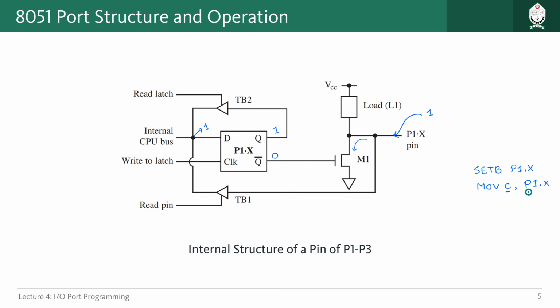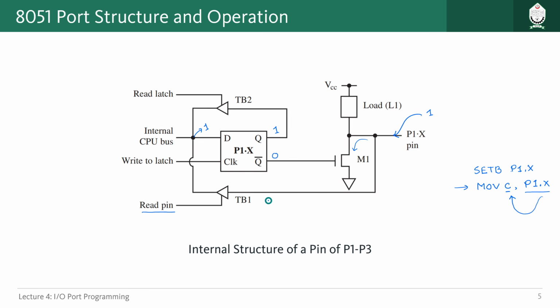What we are trying to do here is take whatever signal or value we are getting from this pin and store it onto the carry, right? If we give this command, what will happen? This read pin signal will be high, so that will be activated and will activate this tri-state buffer.